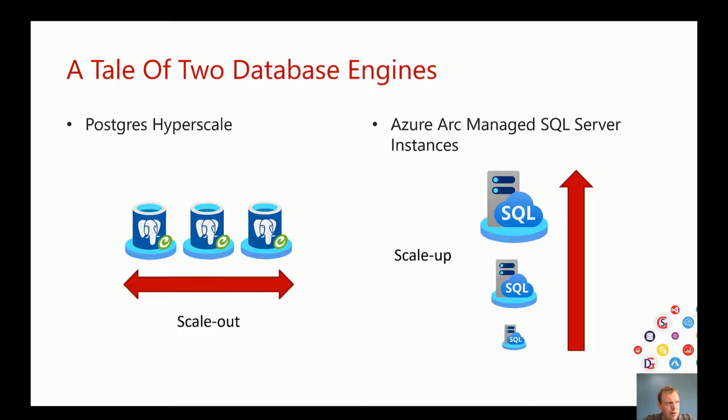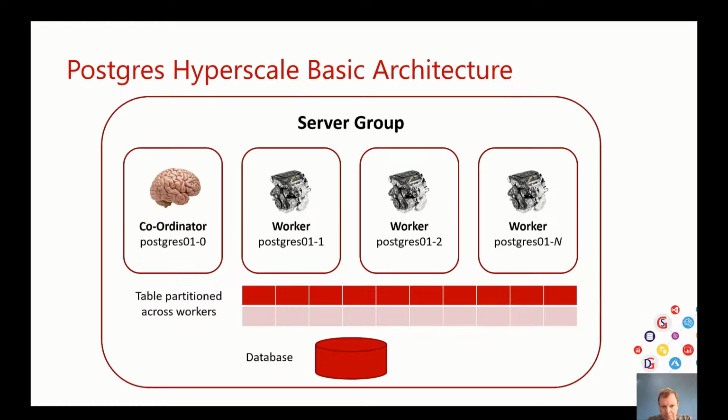It's based on technology from a company called Citus that Microsoft acquired. So if you're looking up the documentation and you see the term Citus, that's C-I-T-U-S, that's where it comes from. Then you have your more traditional scale-up database, which is Azure Arc Managed SQL Server instances.